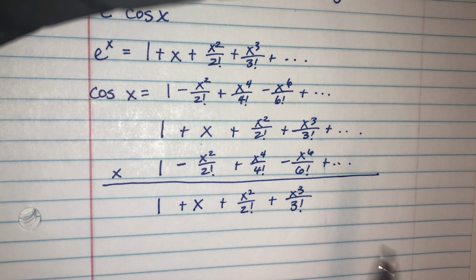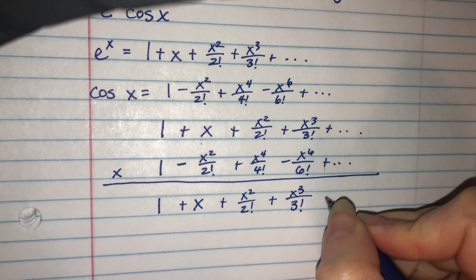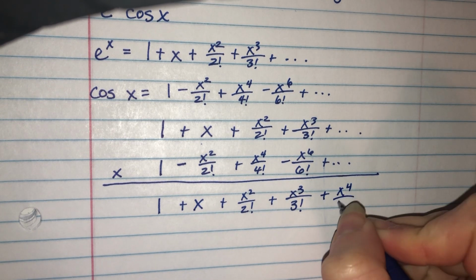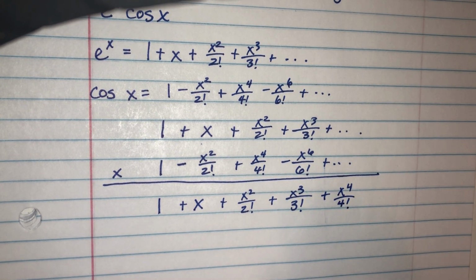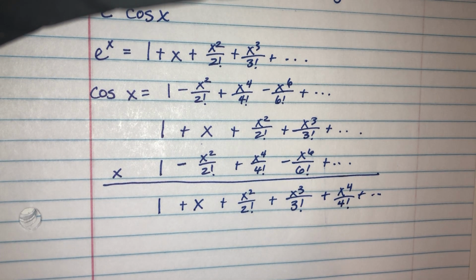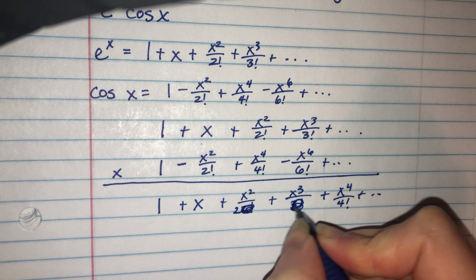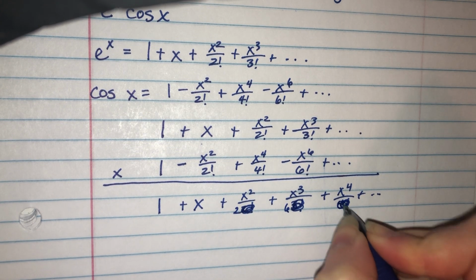I would at least go one more than that. So I know what the next value would be: x to the 4th over 4 factorial, and plus dot dot dot. Now, here's the thing. We're going to have to actually have numbers here instead of the factorials. So I'm going to change 2 factorial to 2, 3 factorial to 6, and 4 factorial to 24.